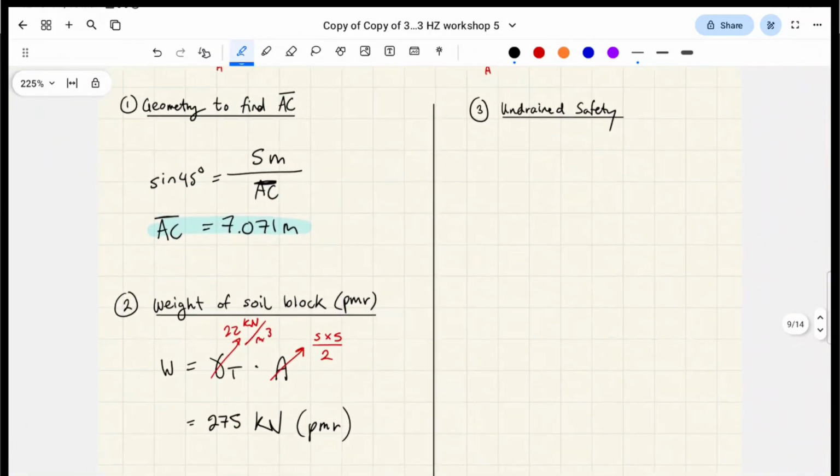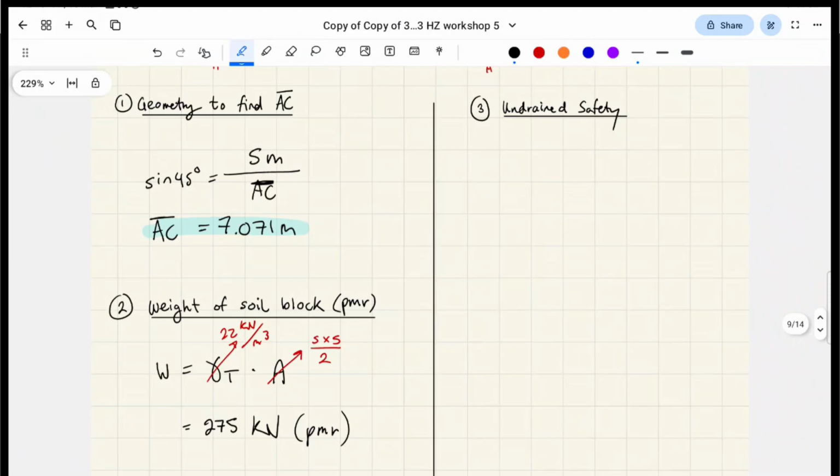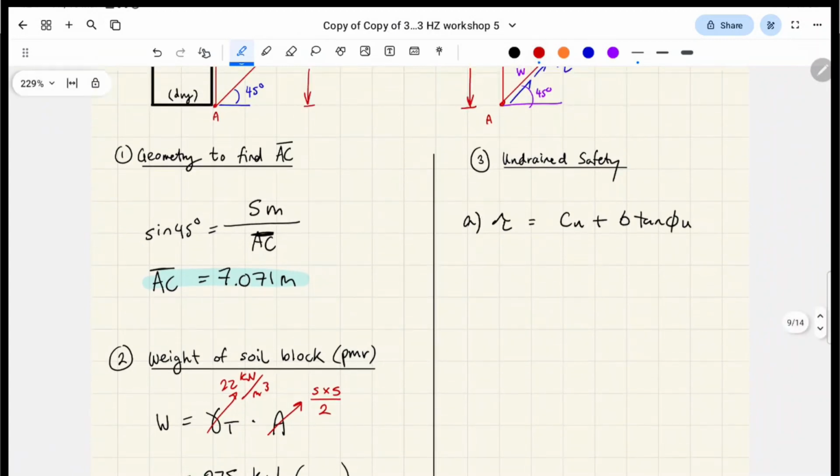All right, time to get to the formula. We're going to analyze the undrained safety first, which we have a formula for. Similarly to question 1, our undrained friction angle is simply 0, so that's good because that means that entire component gets cancelled out. And CU this time will be 30 kPa.